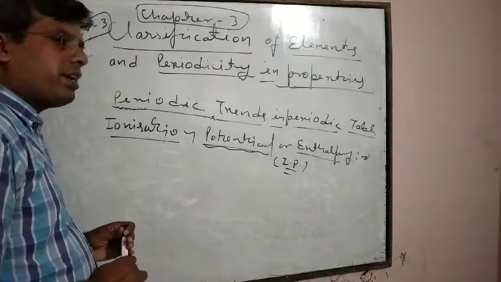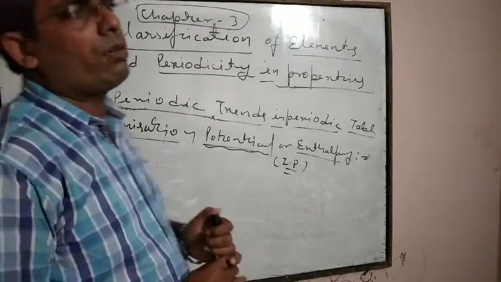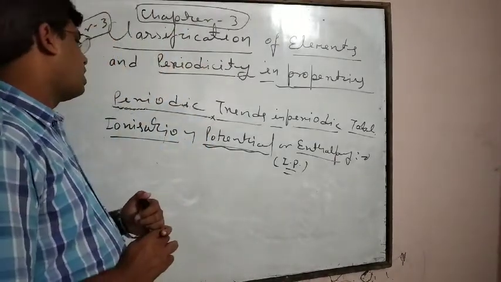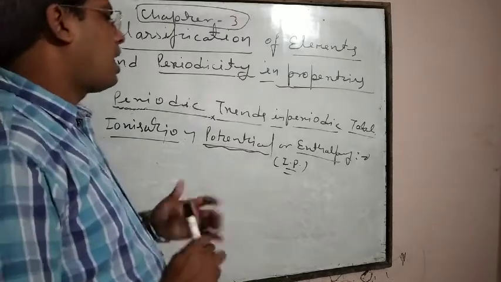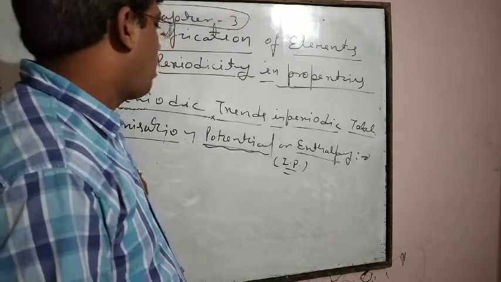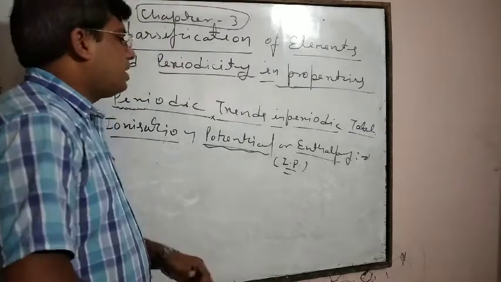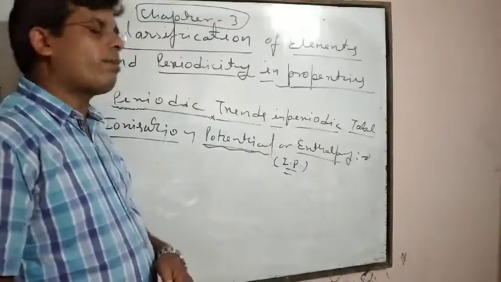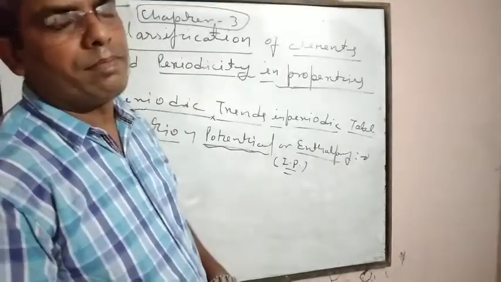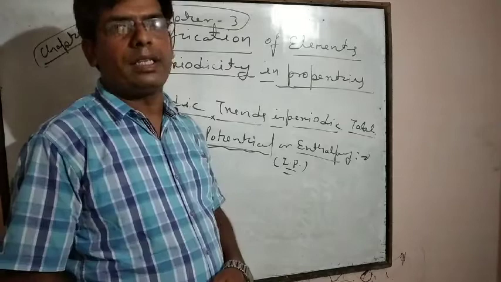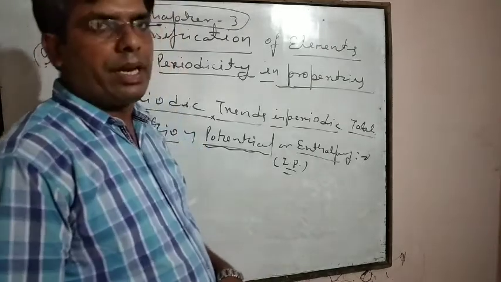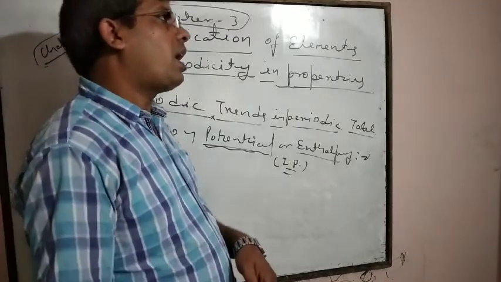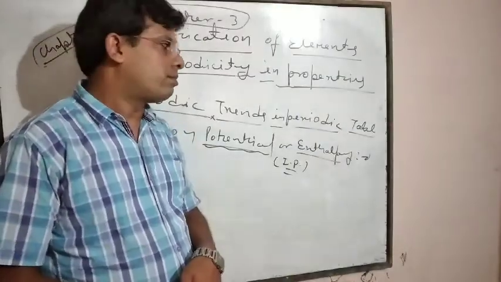It is a type of energy. You know that electronegativity is a type of tendency, but IP is energy. Ionization potential or enthalpy is the energy. It is defined as the amount of energy which is required to remove an extra electron from any isolated gaseous atom.